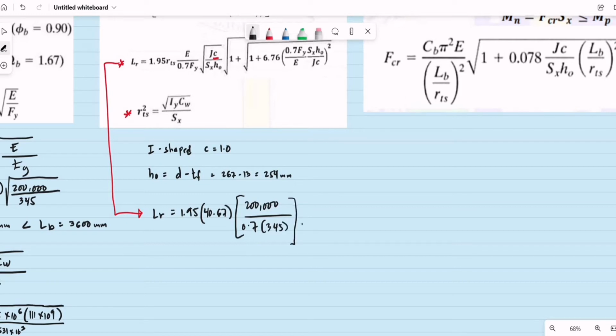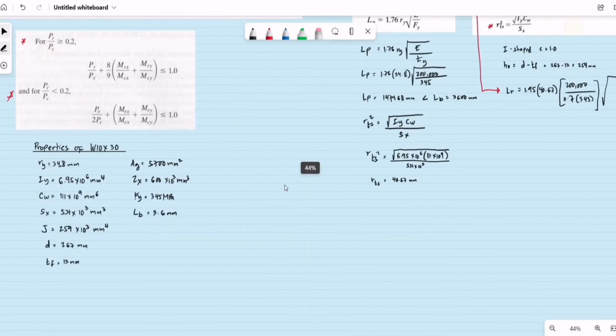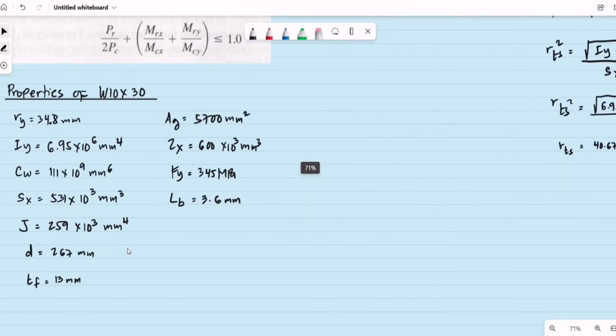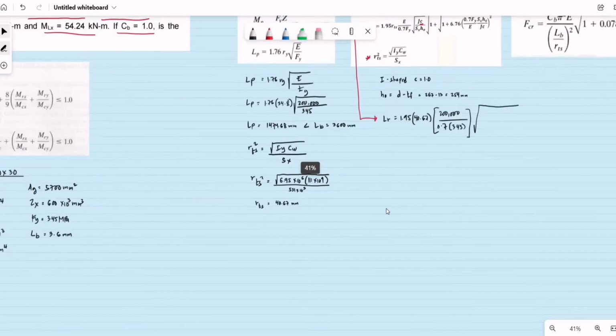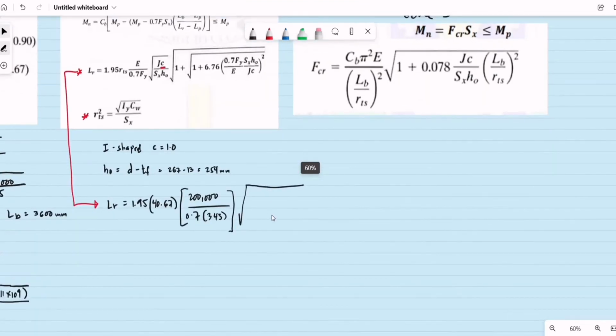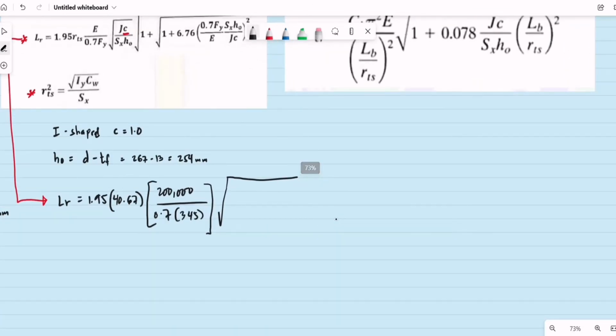And then to be multiplied by the square root of the value of J. The value of J is 259 times 10 raised to 3 millimeters raised to 4.